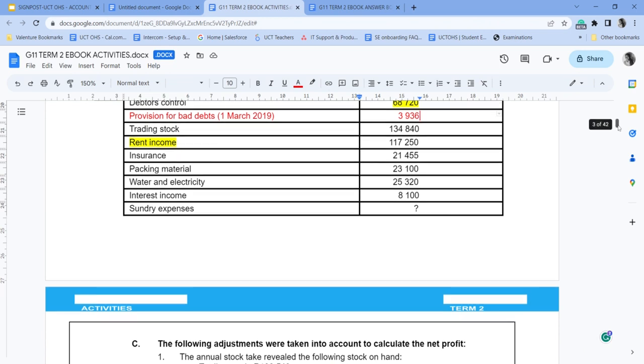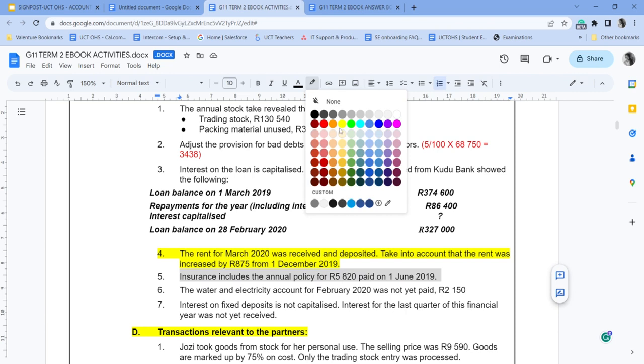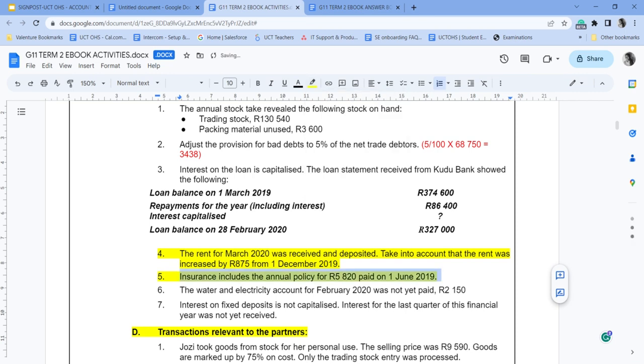I'm scrolling down in the additional information, and I'm finding it in number 5. So number 5, they're saying insurance includes the annual policy for 5,820 paid on 1 June 2019. So this is insurance, but then there is what? There is a prepayment.